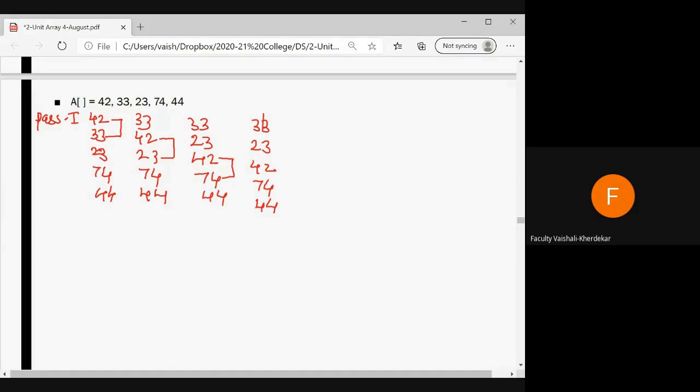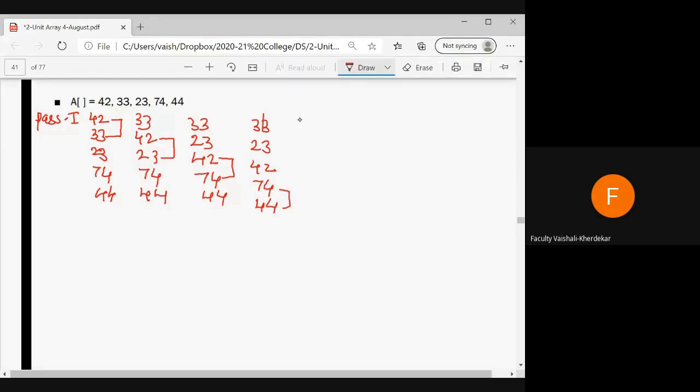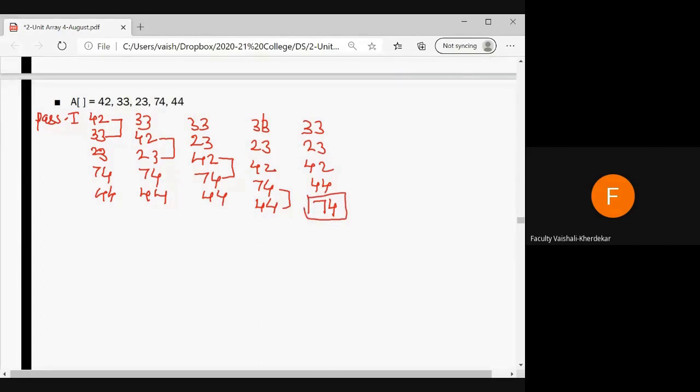In the next iteration, you have to compare the fourth element with the last element. Now the fourth element 74 and 44. 44 is less than 74, hence you have to interchange, swap them. Now it becomes 33, 23, 42, 44 and 74.